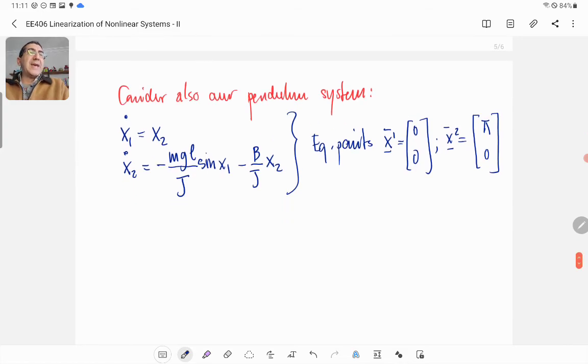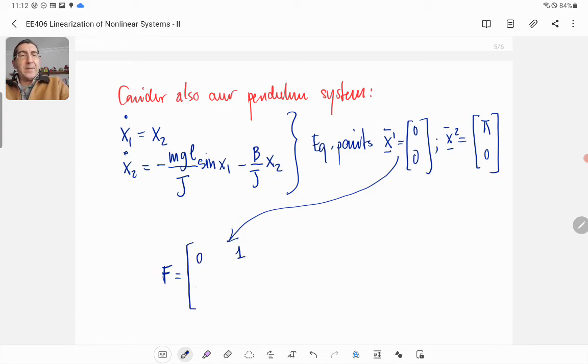Obviously you take the derivatives with respect to x1 and x2 and construct the Jacobian matrix, but it will be evaluated to different matrices for these two equilibrium points. For this equilibrium point, please verify this, f will be equal to 0, 1, minus mgl over j, minus b over j, which is the matrix that we had obtained by our ad hoc procedure before.